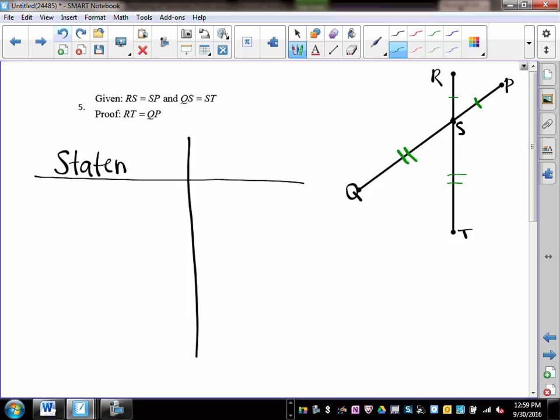We should all be writing down our 2-column thing here. Alright. Our given, the measure of segment RS. What does this notation mean? Measure of, which is the same as distance, length of the segment, right?